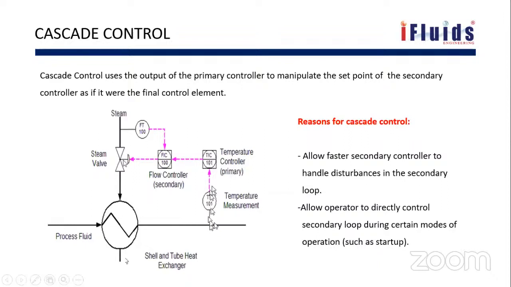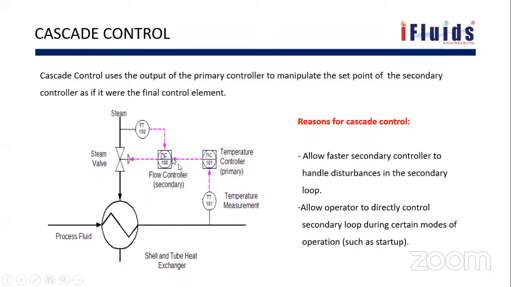So what happens? The temperature transmitter senses the temperature. I know how much temperature I should maintain, so that set point is given to the primary controller. Now it compares, and it will give input to the steam flow.